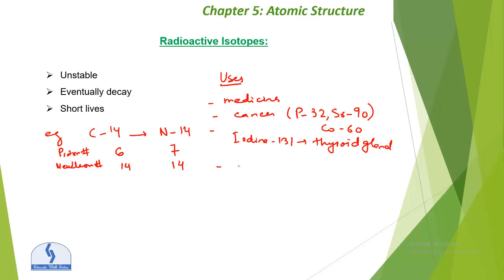Radioisotopes are also used in chemical reactions and structure determination, for example C14 to label carbon dioxide. They are also used in power generation: radioisotopes are used to generate electricity by controlled nuclear fission in nuclear reactors, for which uranium-235 is used.